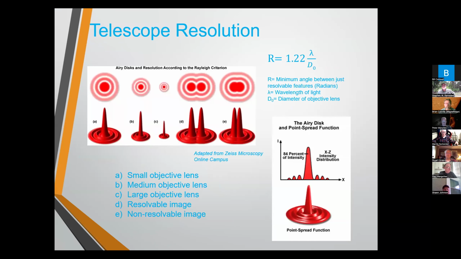And more formally, it's about diffraction limits on scopes according to the Rayleigh criterion. So if we think of a small scope, a scope with a small objective lens, then you get a series of diffraction rings.